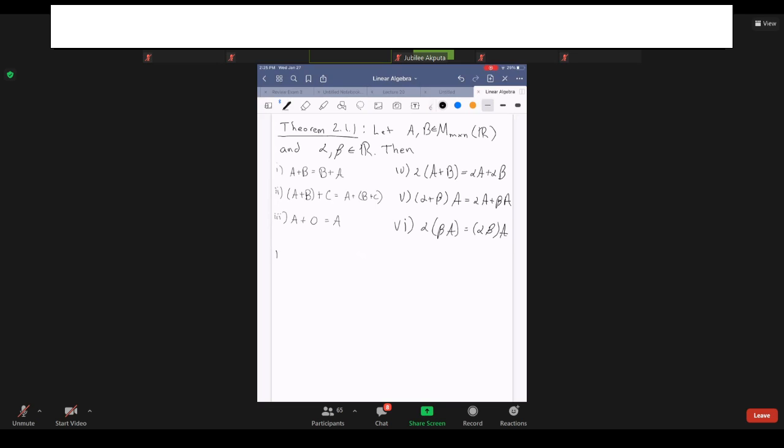So again, remark: for the sum to exist, the matrices have to be the same size. Otherwise, they don't. Okay. So let's look at an example.